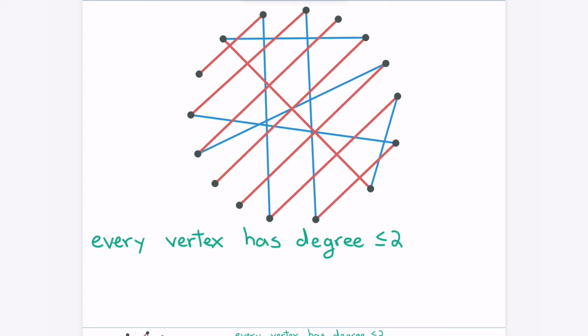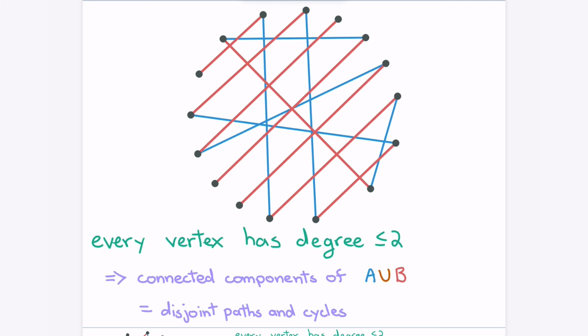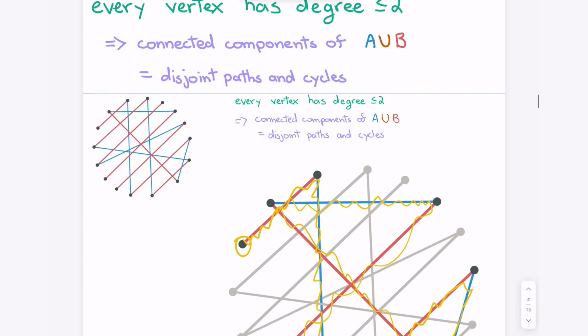How about a path, right? You just walk along. That's also degree one at the endpoints and degree two elsewhere. So actually, if you take any two matchings and overlay them on top of each other and throw out the edges they have in common, you'll get a disjoint collection of paths and cycles. So this looks like it's all tangled up, but it should just be some paths and some cycles. So it's kind of a simple object.